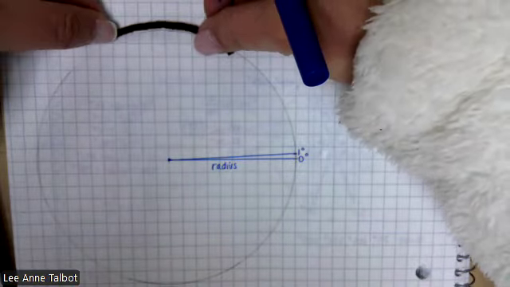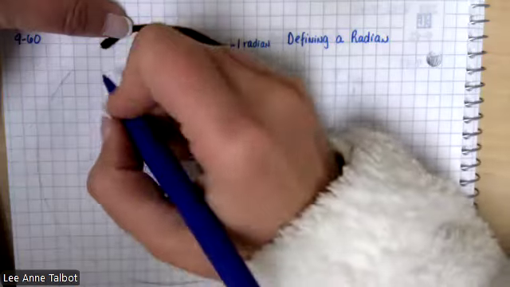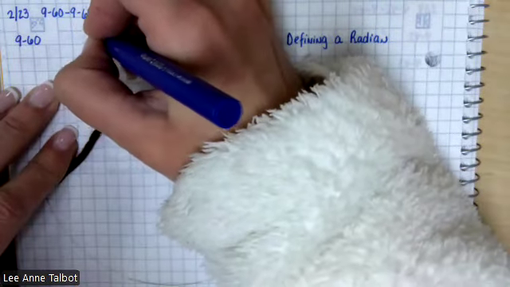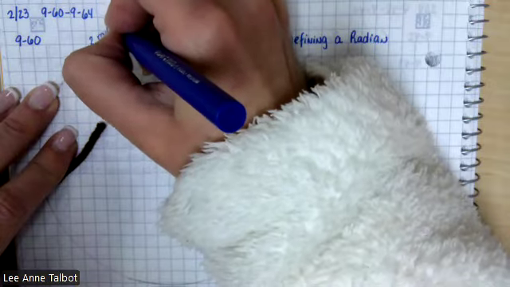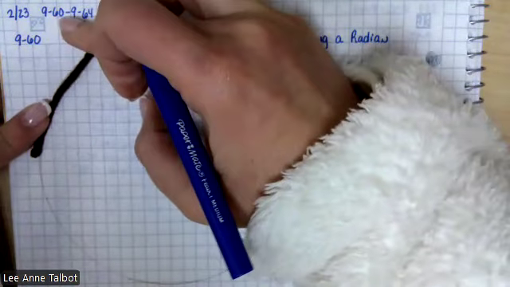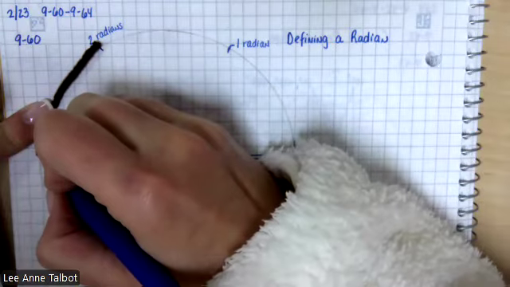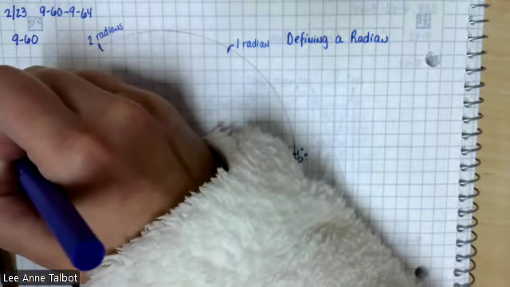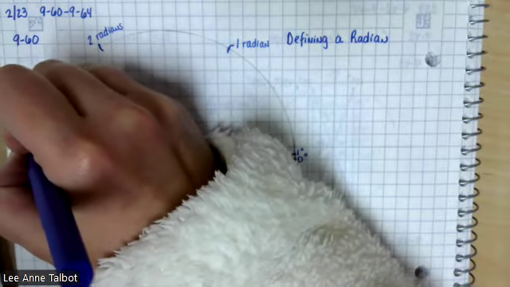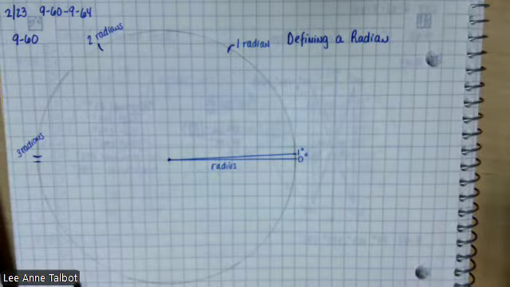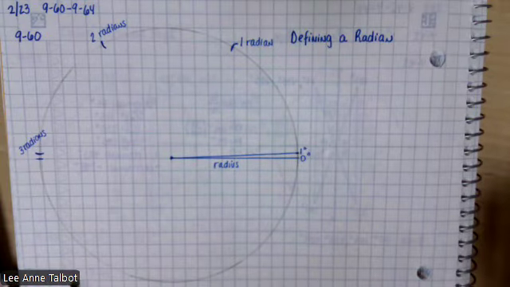So I'm gonna keep going. Okay, so that's about 2 radians. And that's about 3 radians, except that's halfway.